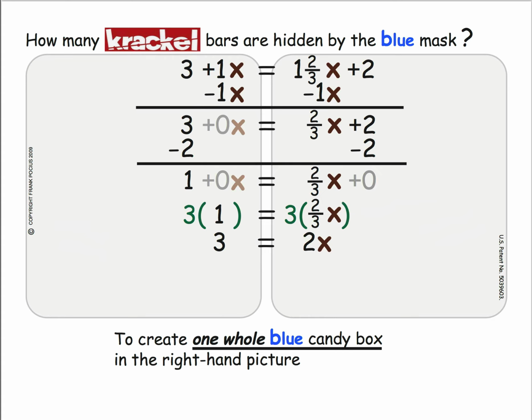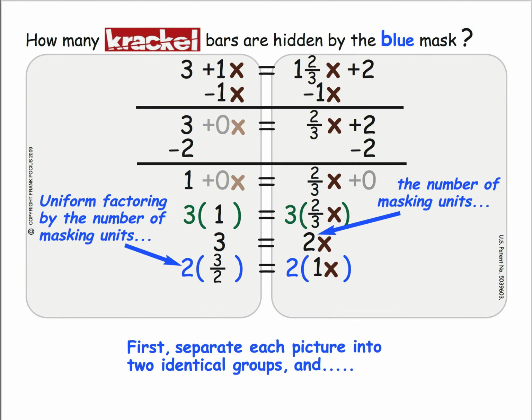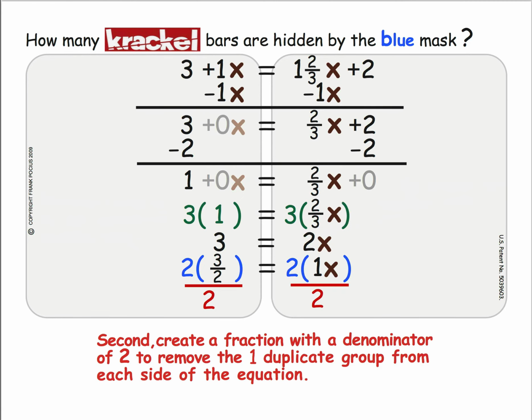To create one whole blue candy box in the right-hand picture, first separate each picture into 2 identical groups. And second, create a fraction with a denominator of 2 to remove the one duplicate group from each side of the equation.